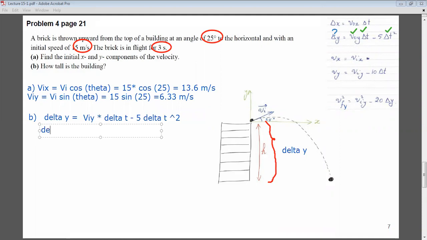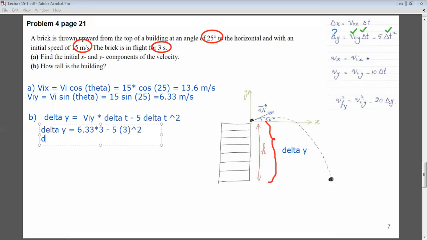This means delta y equals the initial y, 6.3, times 3, minus 5 times 3 squared.